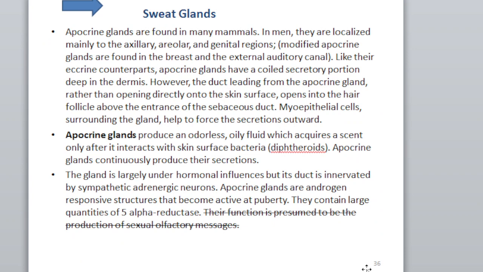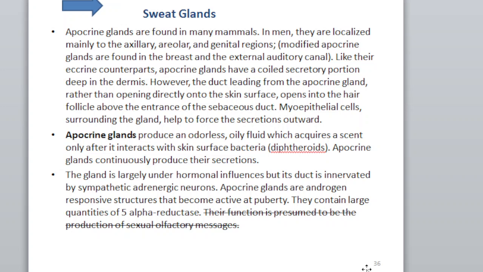Apocrine glands are found in many mammals. In men, they are localized mainly to the axillary, areolar, and genital regions. Modified apocrine glands are found in the breast and the external auditory canal. Apocrine glands have a coiled secretory portion deep in the dermis.